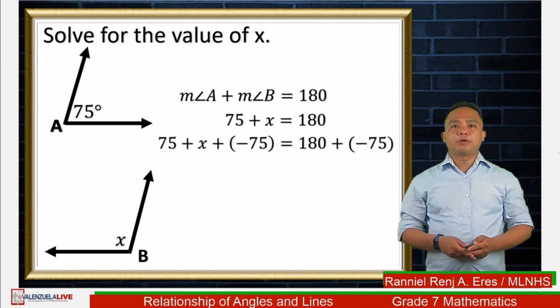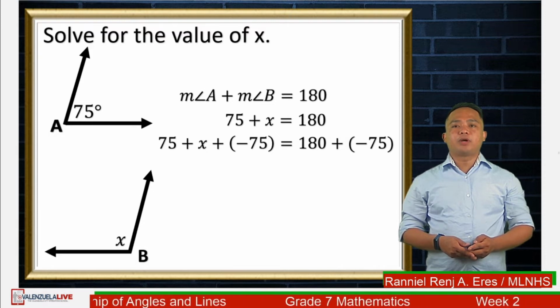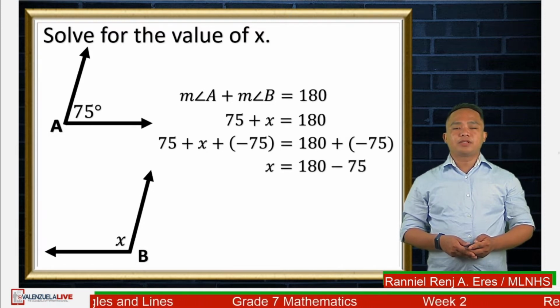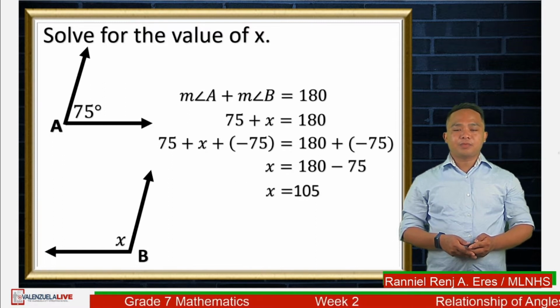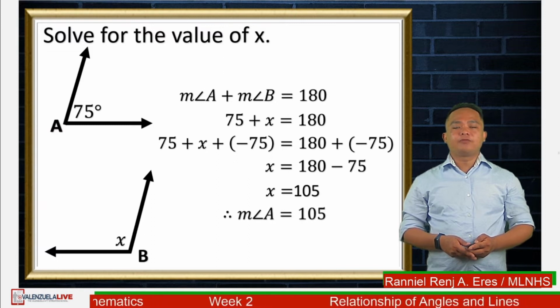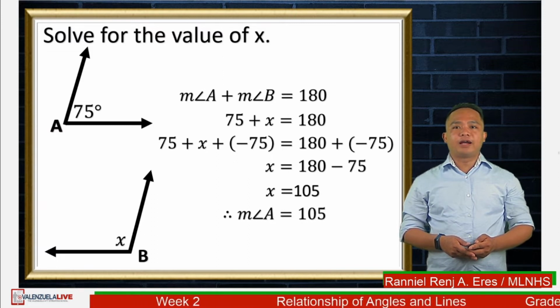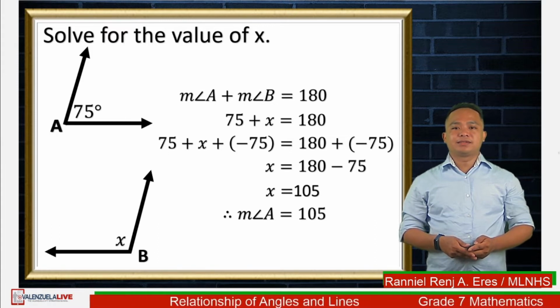By addition property of equality, we will add negative 75 on both sides of our equation, and we will have this equation now: x is equal to 180 minus 75. Simplifying, we have x is equal to 105. Therefore, we can say that the measurement of angle B is 105 degrees.